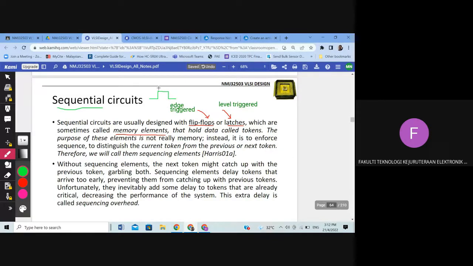This portion we call rising, and this portion we call falling. But for a non-ideal or actual clock, the clock becomes like this. So this is the rising edge of the clock, and this is the falling edge of the clock.